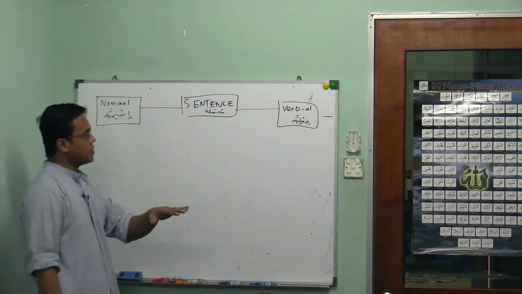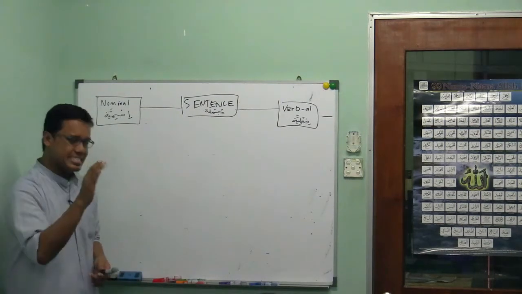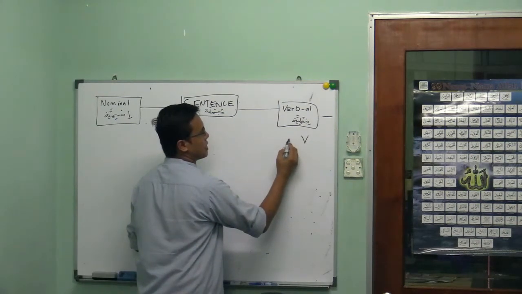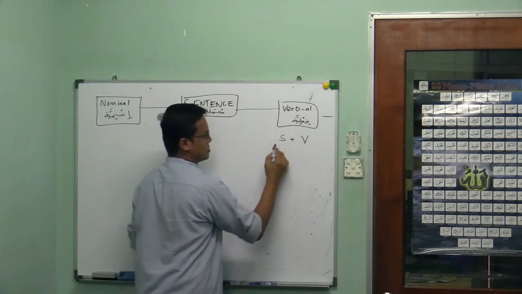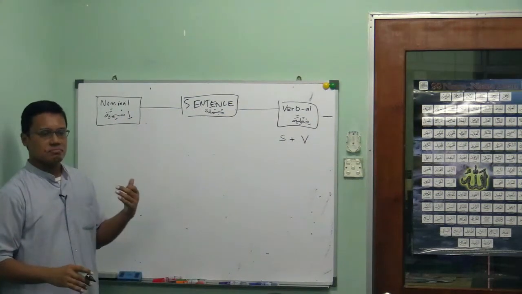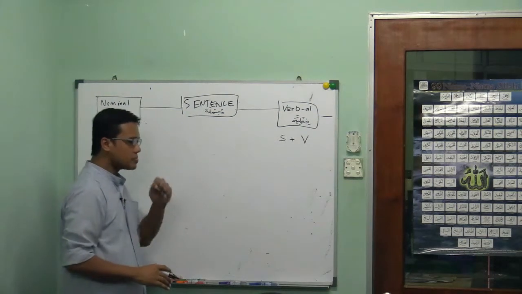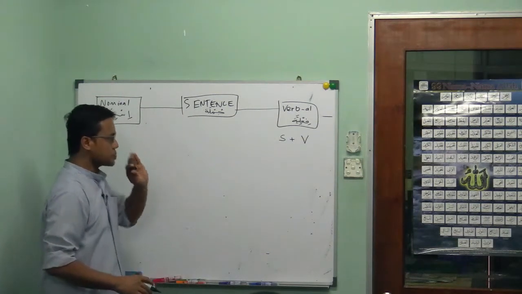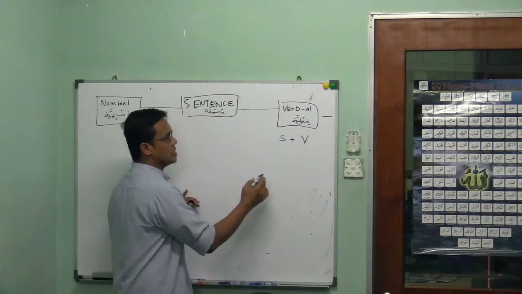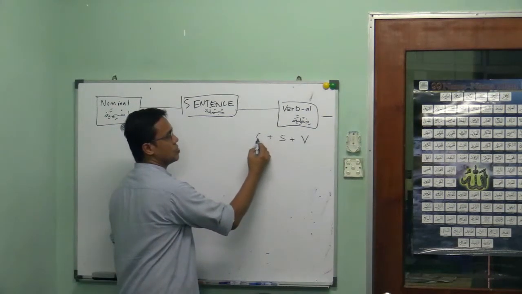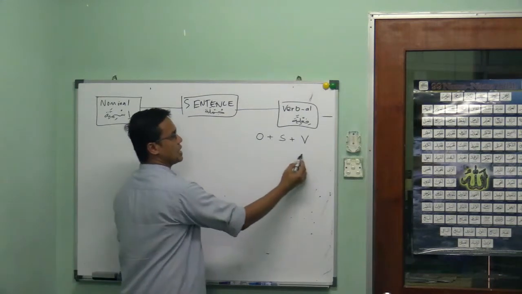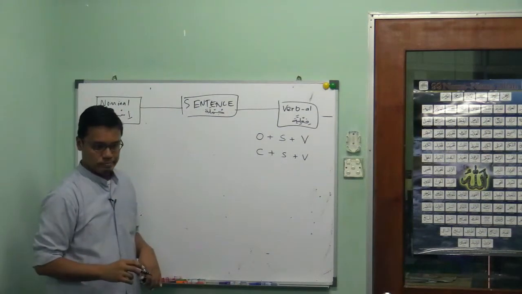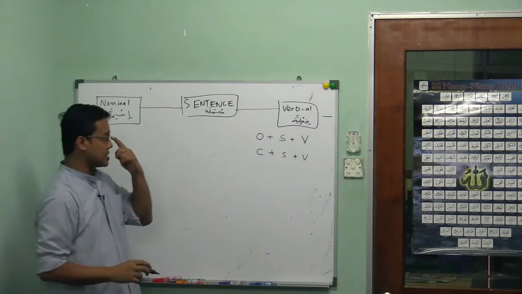So we have covered verbal sentence, and we have said at least in a verbal sentence there should be a verb plus a subject. And this verb plus a subject can also have an object, and sometimes it has a clinger.